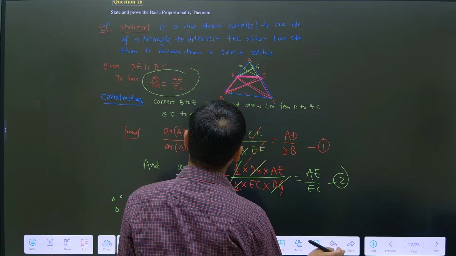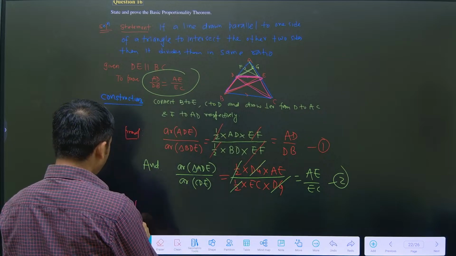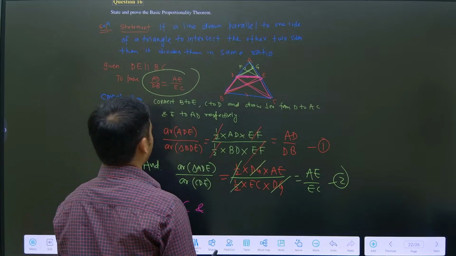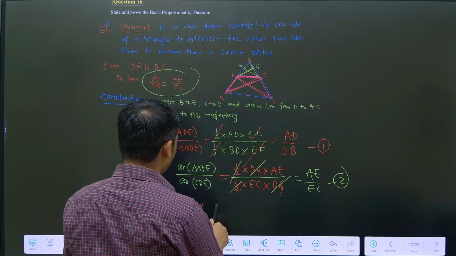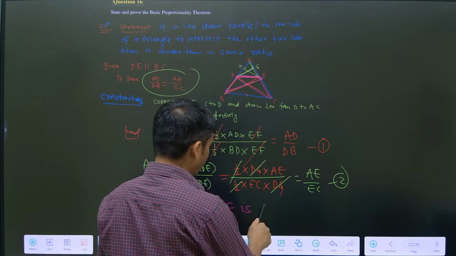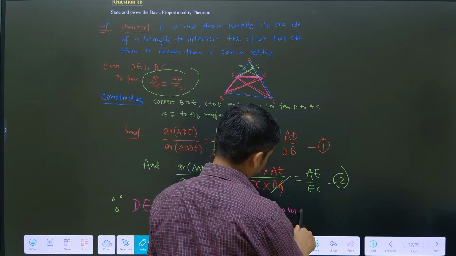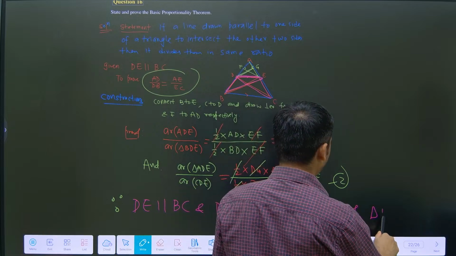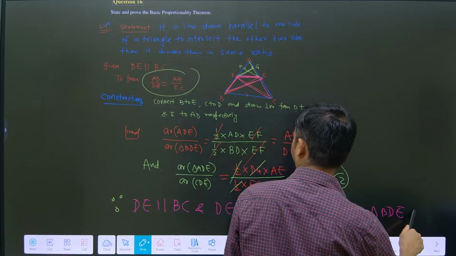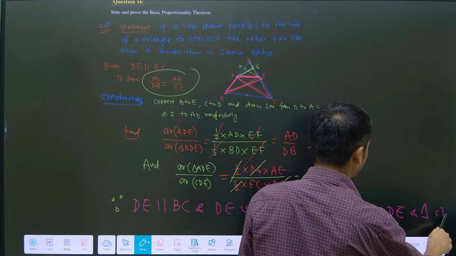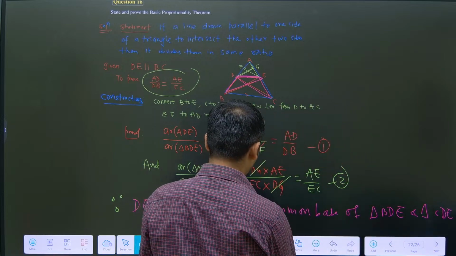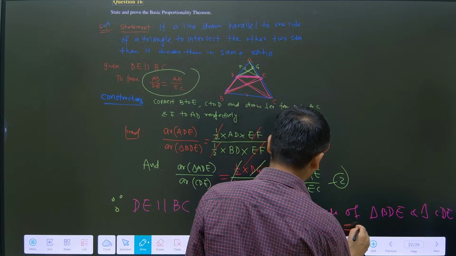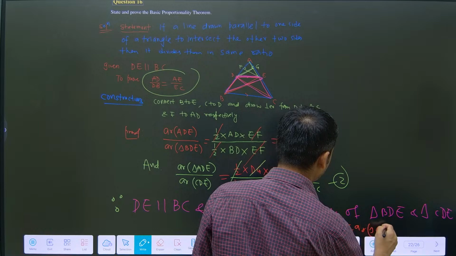So we will say, since DE is parallel to BC and DE is the common base of triangle BDE and triangle CDE, the area of triangle BDE is equal to the area of triangle CDE.